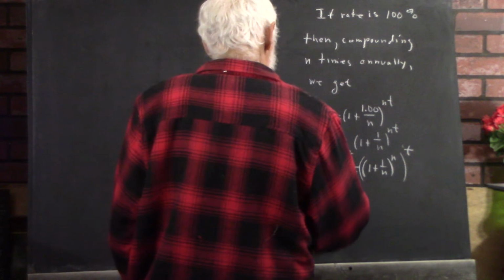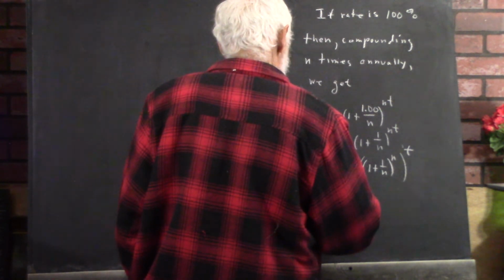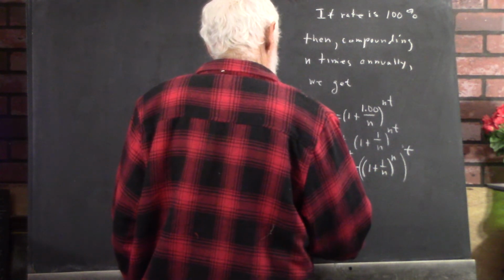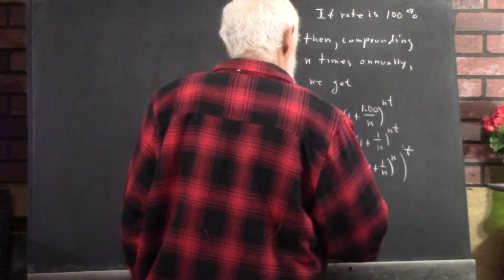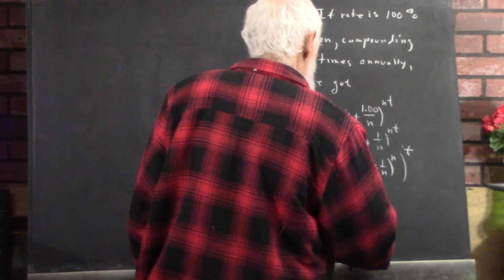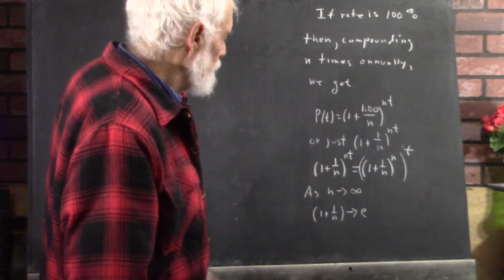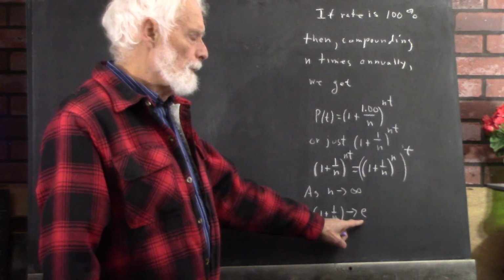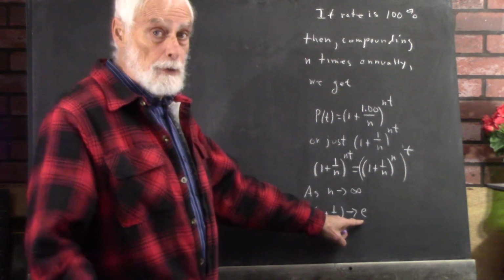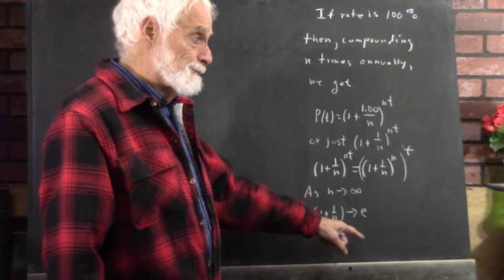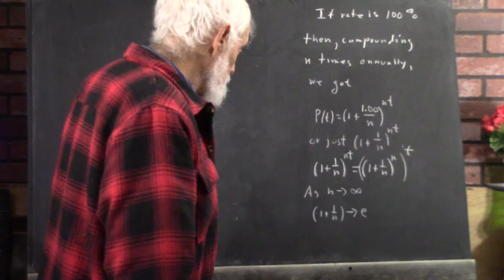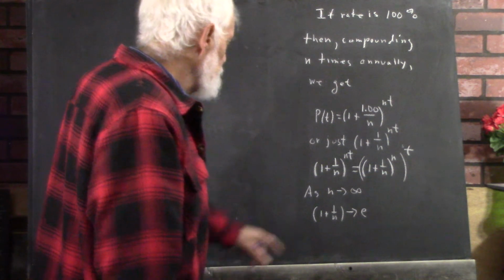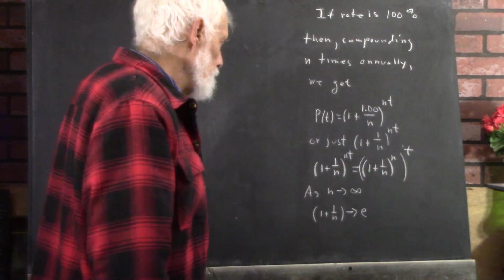Okay, so as n approaches infinity, 1 plus 1 over n approaches e, which is arguably the most important number in mathematics. Pi is really important, but if you got e, you can get pi. Okay, e's really kind of fundamental in a lot of ways.